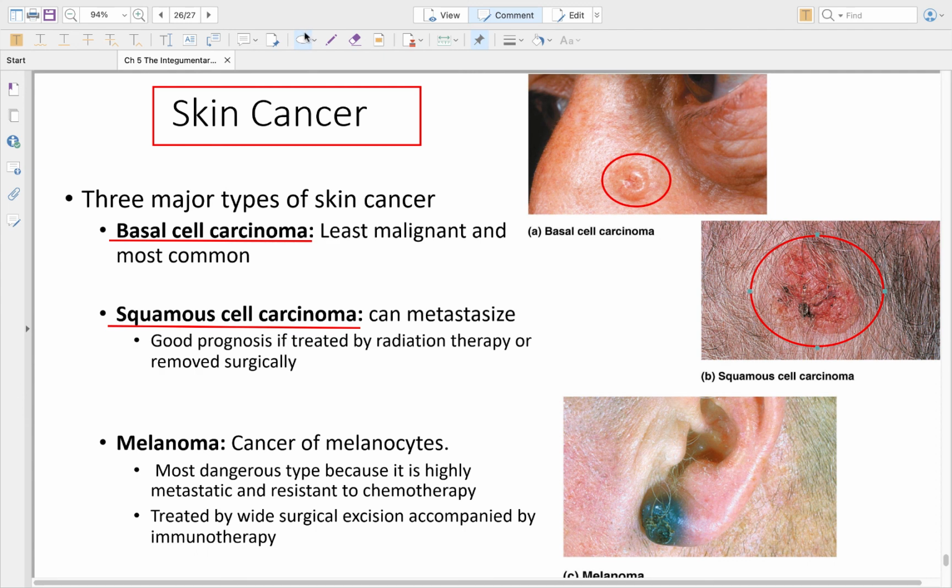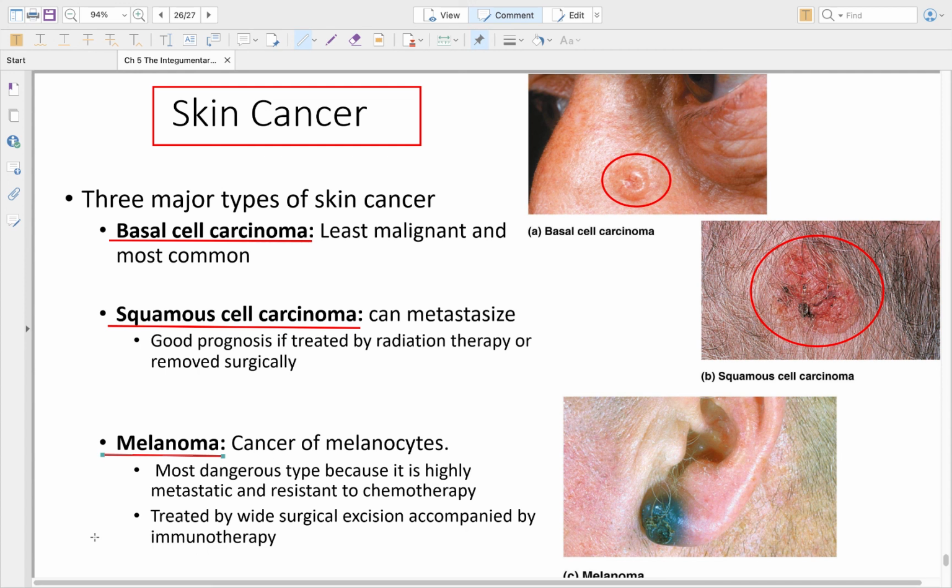Now, the scariest one, the most dangerous one, the one that you never want anyone to have, is melanoma. It's cancer of the melanocytes. It's the most dangerous because it's highly metastatic, meaning it's aggressive, and it's resistant to chemotherapy, which is one of our most important and most effective cancer drugs.